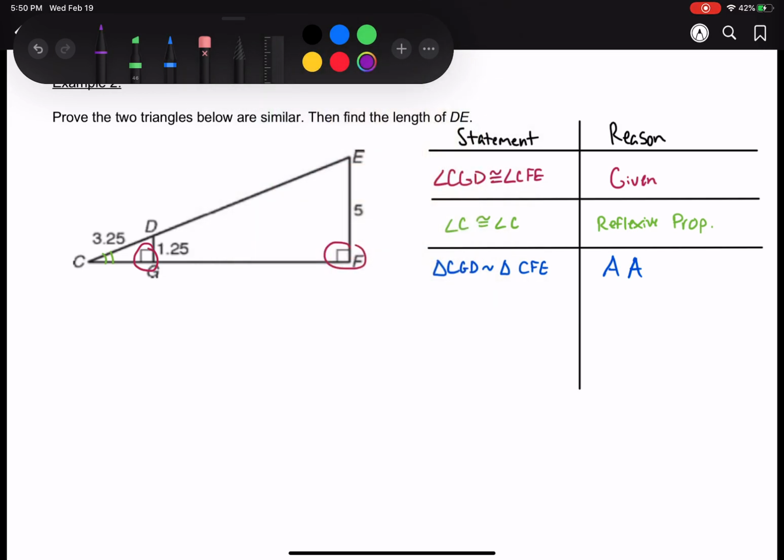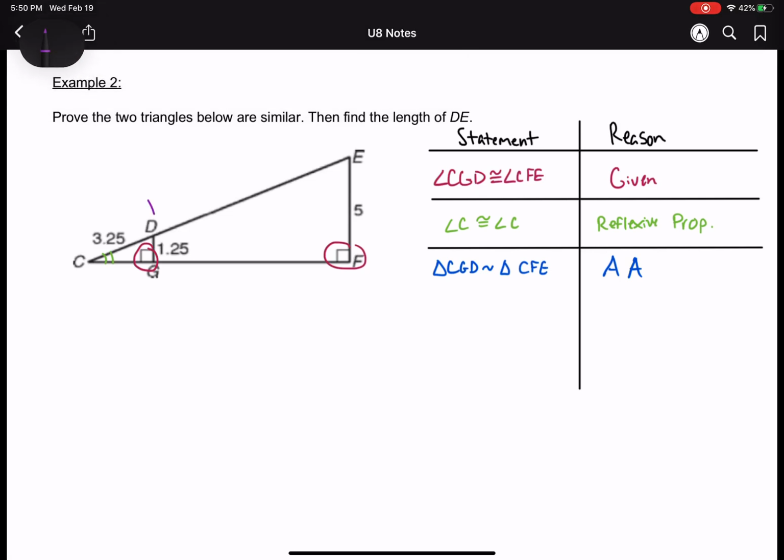So it tells me to find the length of DE, but when I look at these pictures, if I'm going to set up a proportion, that's actually a little bit more than DE. So I have FE, which is 5, and 5 on FE goes to the whole triangle of CFE.